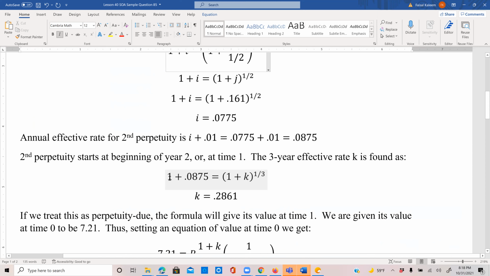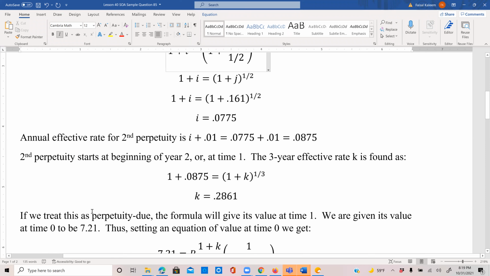Normally I write it like 1 plus I, but in this case, since I was used for the annual effective rate for the first perpetuity, and the second one doesn't have the same annual effective rate but I plus 0.01, I've directly written 1 plus the annual effective rate equals (1 plus the 3-year effective rate) to the power 1/3. K is the 3-year effective rate. And so we cube both sides and then subtract 1, and get K equals 0.2861.